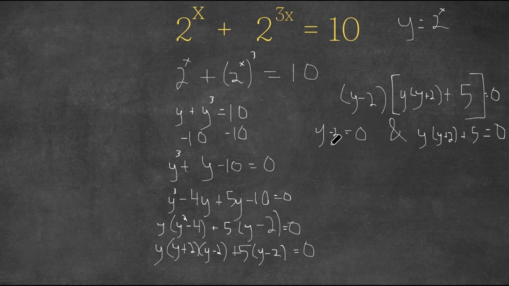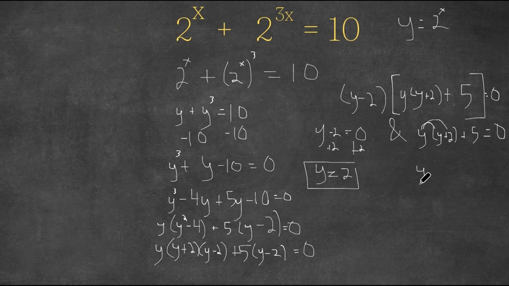Now let's solve our first one here. This one is really simple. We simply add 2 on both sides to isolate y, and we get y is equal to 0 plus 2, so y is equal to 2. And for our next solution, let's first start by distributing our y here to y plus 2.